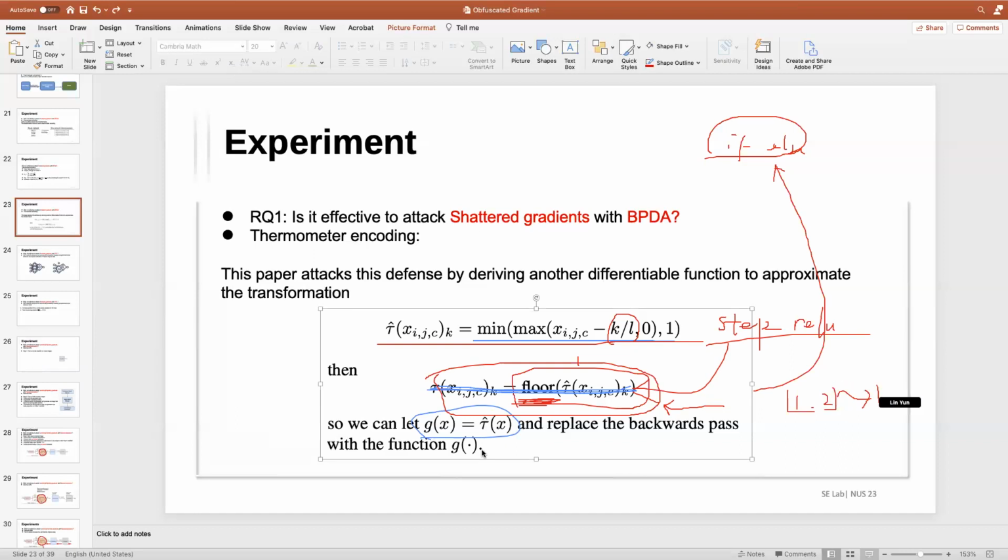That means the outcome of the minimum will be 1.2. However, if the minimum value is 1, taking the floor it is still 1. So we need to make sure this value should be greater than 1 sometimes, and otherwise this value is in between 0 and 1, and unless this is negative values, otherwise it will not be 1.